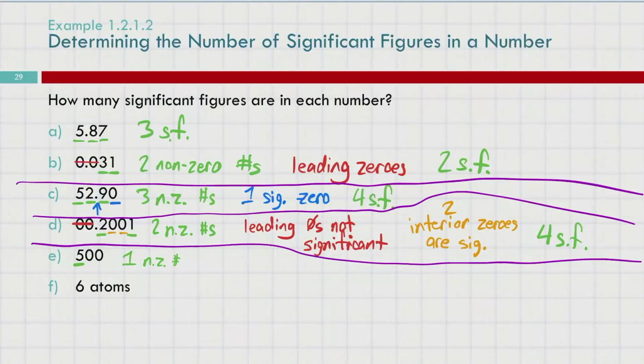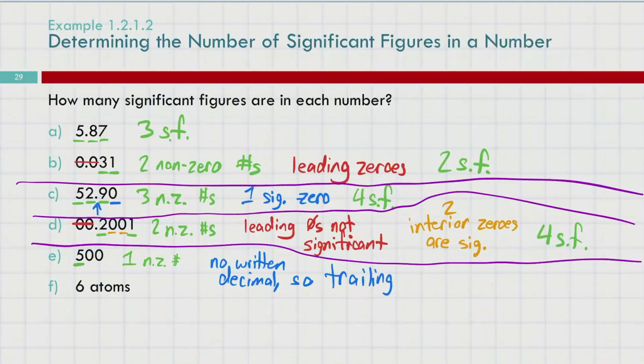This one's a little bit of a trick. We don't have a written decimal point. So the trailing zeros are ambiguous.